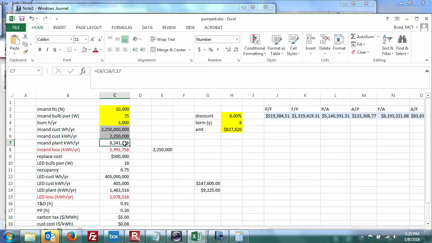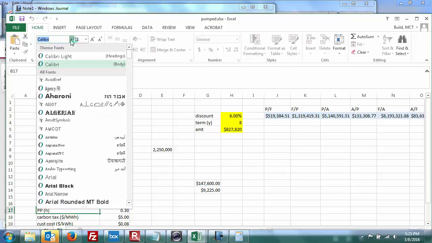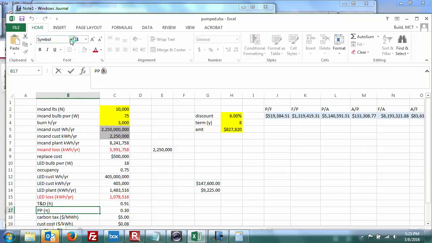Incandescent plant, okay. So where is that coming from? So the plant, and let me show this down here. The power plant efficiency, and I'm going to turn this into a symbol, like that.